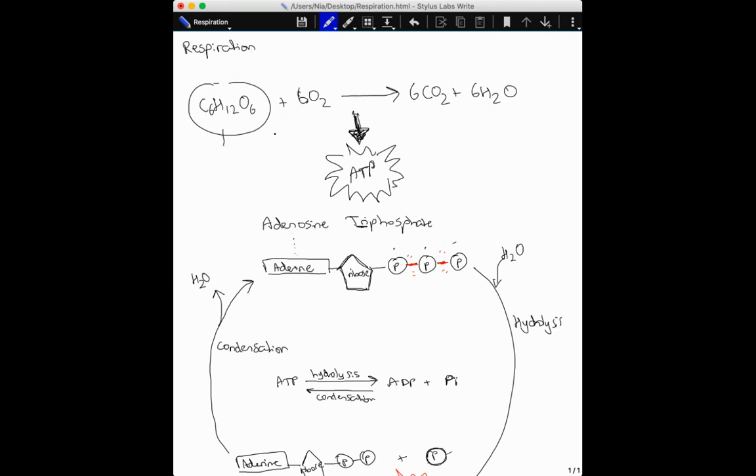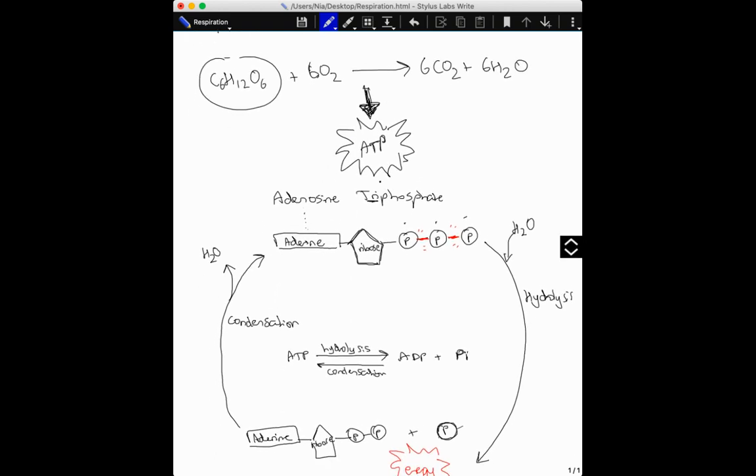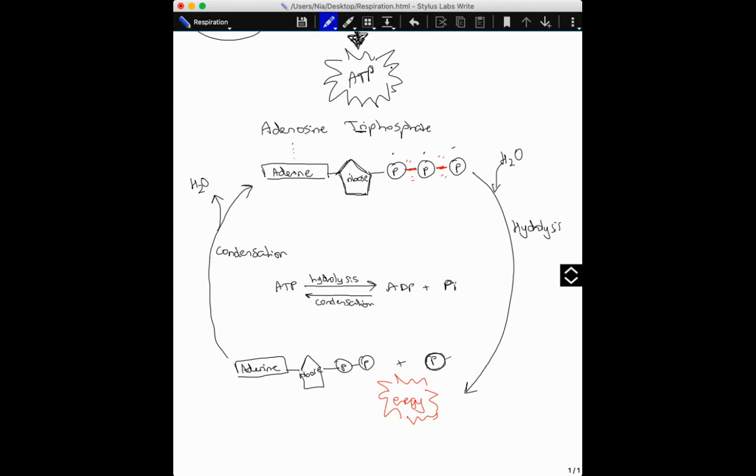So what happens in our cells is that glucose is used in the process of respiration to release energy in the form of molecules of ATP. And these molecules of ATP can diffuse to areas of the cell where energy is needed, and hydrolyze these phosphate bonds one at a time to release manageable amounts of energy so that as little as possible is wasted as heat.